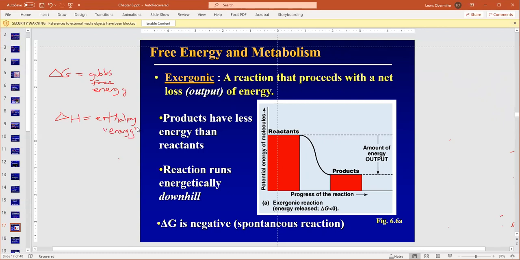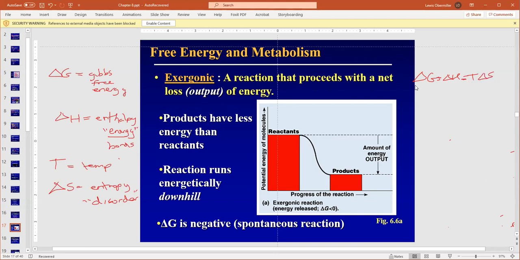We're talking about chemical reactions, so this is energy in the chemical bonds. That's really the only energy available. T is temperature. And delta S is entropy, which is disorder in the system. So remember the formula is delta G equals delta H minus T delta S.